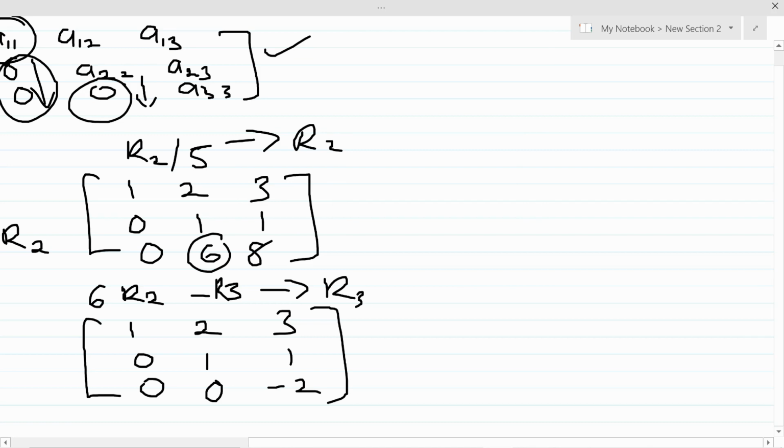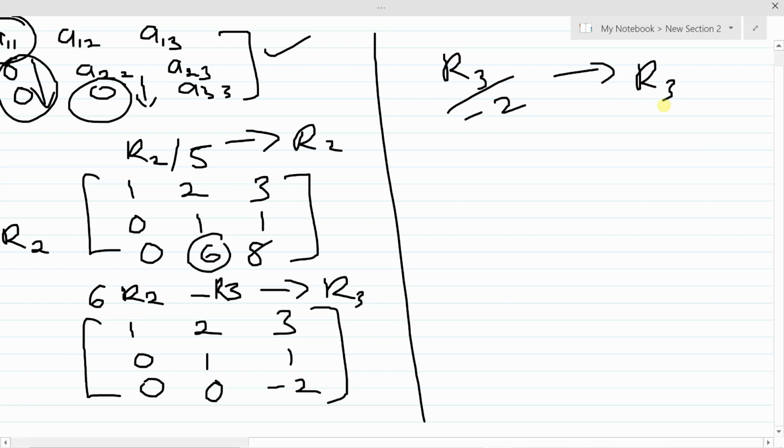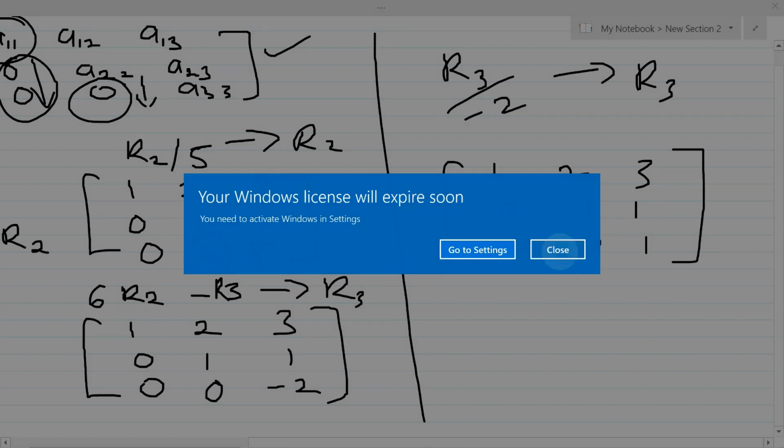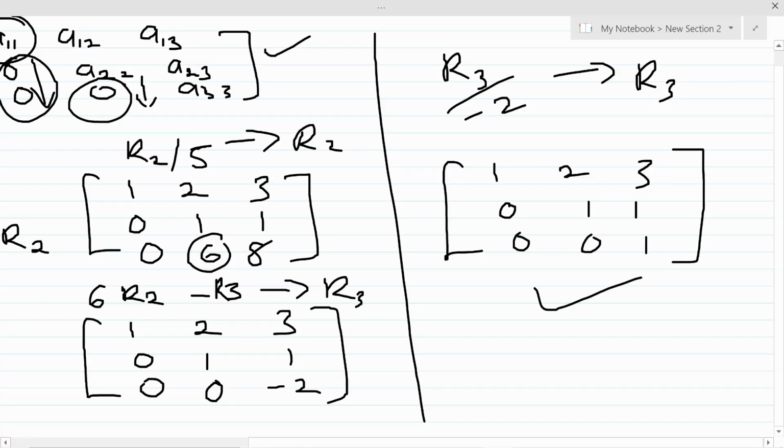You can maintain it like this, but for simplification's sake, let's divide row 3 by negative 2, and this will give us a new row 3. Then the whole matrix will be 1, 2, 3, 0, 1, 1, 0, 0, 1. So this is the reduced form of our matrix.